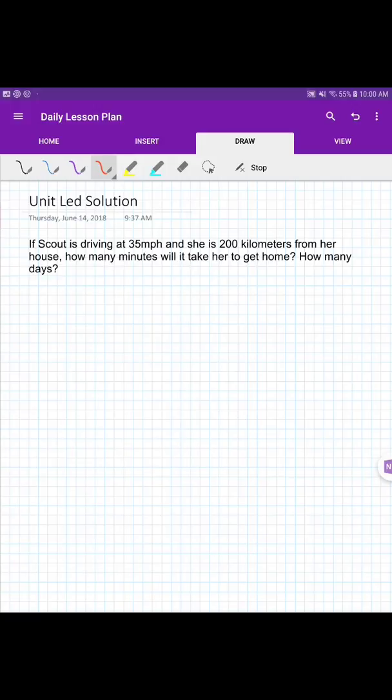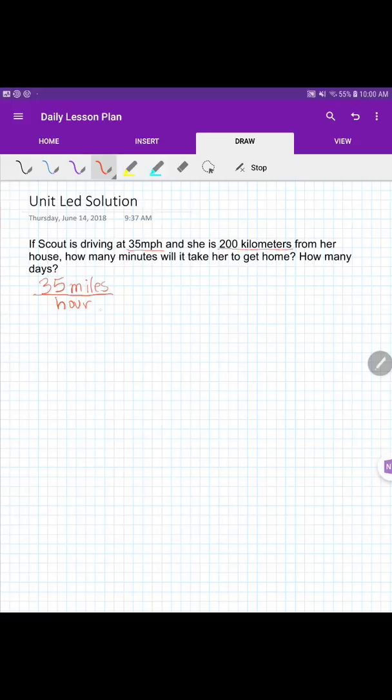How many days? So we've got 35 miles per hour, and we can rewrite that like our conversion factors, 35 miles per hour. And then we have kilometers here.